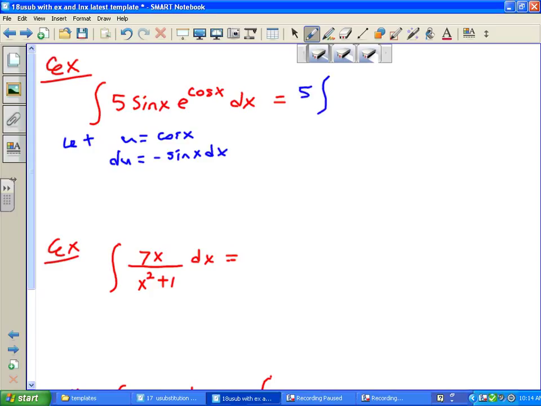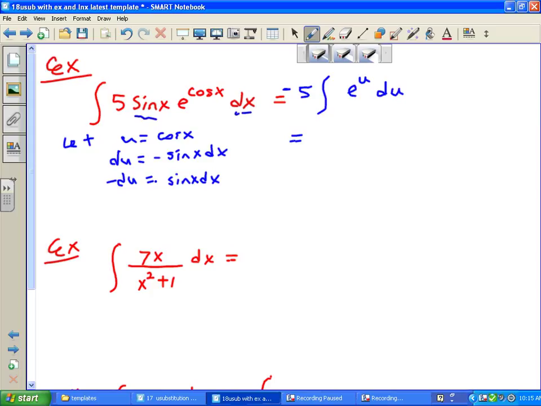E to the cosine x now becomes e to the u. And the sine x dx, what should I be replacing that with? Du or negative 1 times du? Negative 1 times du, because if you solve for sine x dx down here, you will get negative 1 times du, right? So I can take the negative outside and then keep the du on the inside.